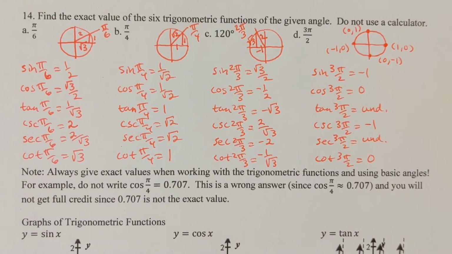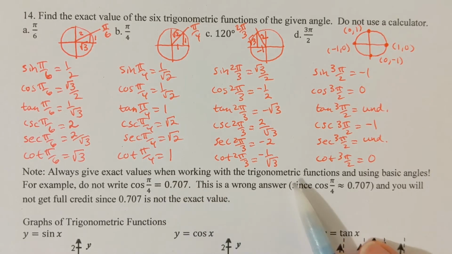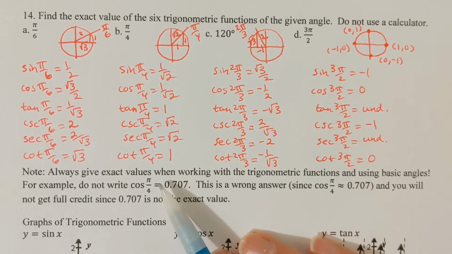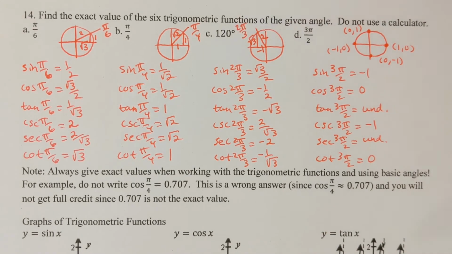So obviously we don't want to use an equal sign there. This is not an exact answer. It's roughly 0.707 if you go to the nearest 3 digits. You will not get full credit since 0.707 is not the exact value. There'd also be a notational problem if you're using an equal sign when it should be an approximation sign. So, be sure that you're aware of that.